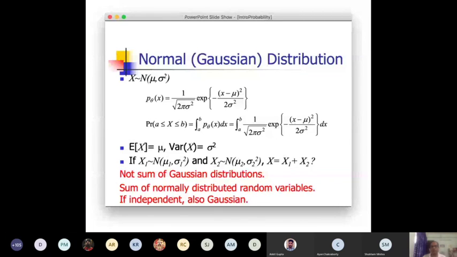It is not the sum of Gaussian distributions, that you should understand, but the sum of the random variables is also Gaussian if they are independent. And then the expectation of the resulting distribution is just the sum of their expectations, and the variances you simply sum too, giving the variance of the resulting distribution.